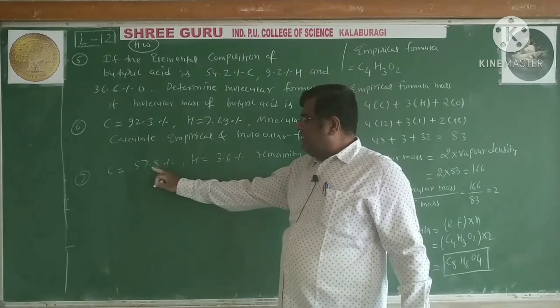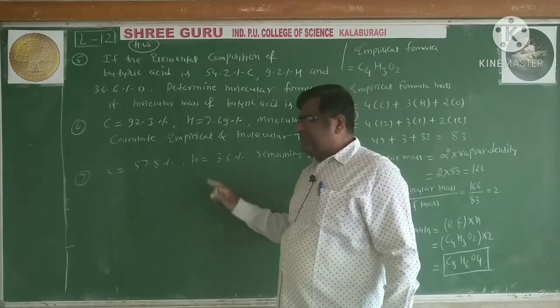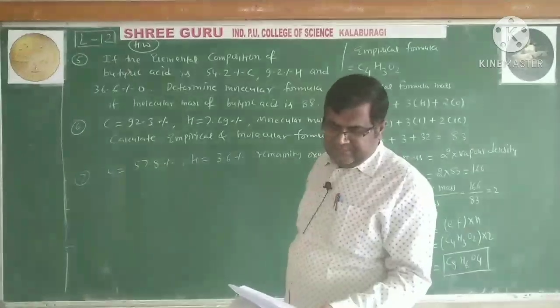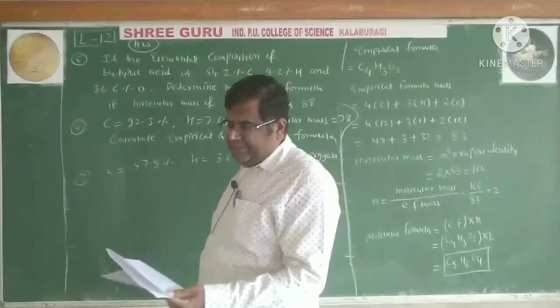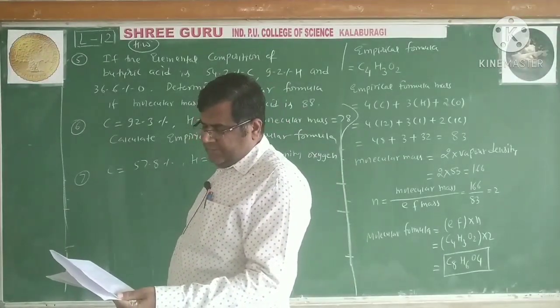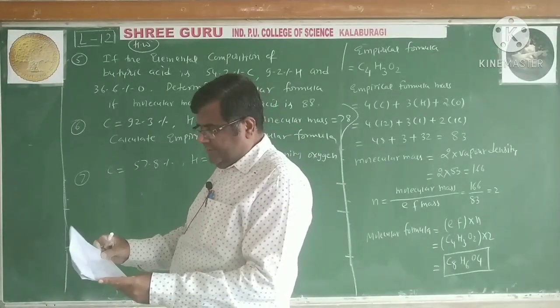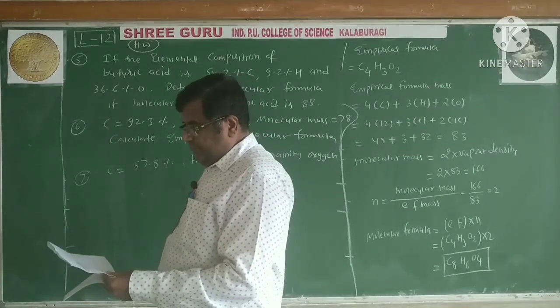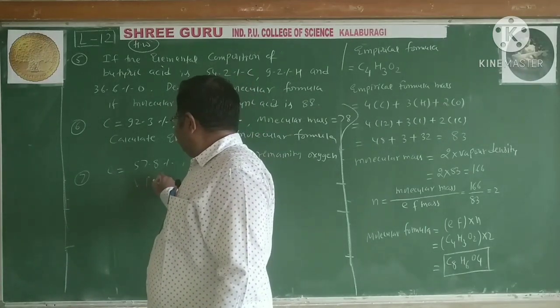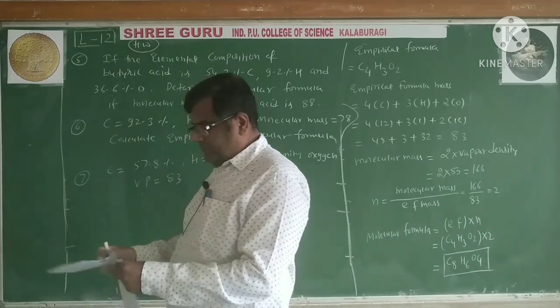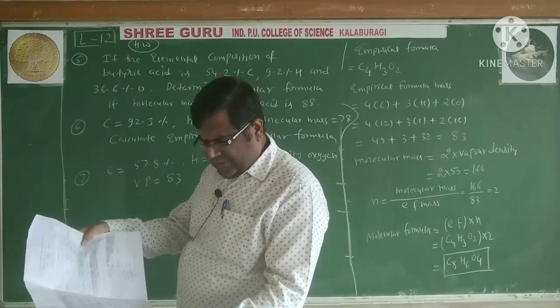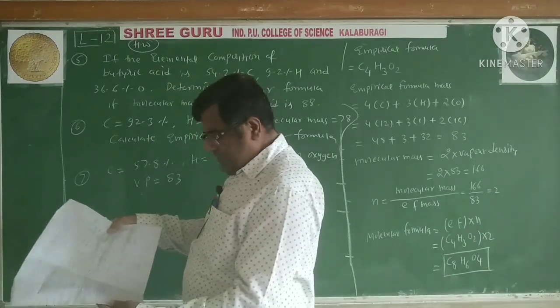Remaining is 100 minus 57.8 plus 3.6. Vapor density 83. Is it the same question which I have solved? Yes.